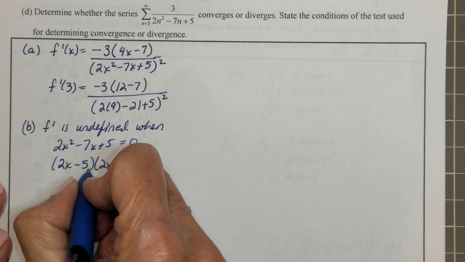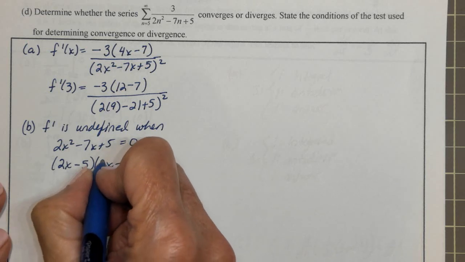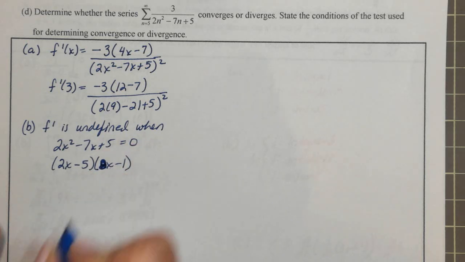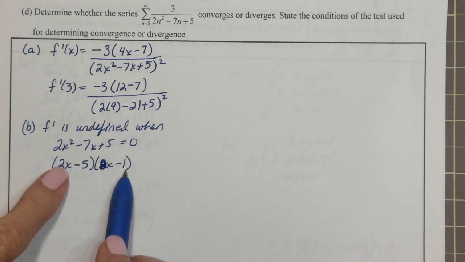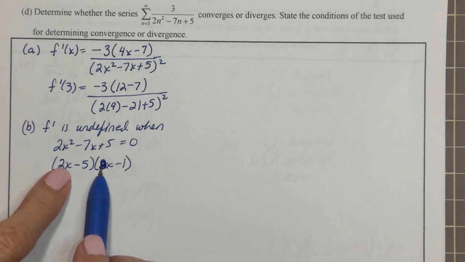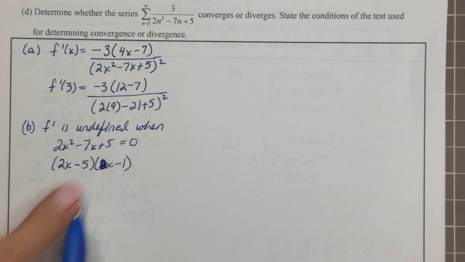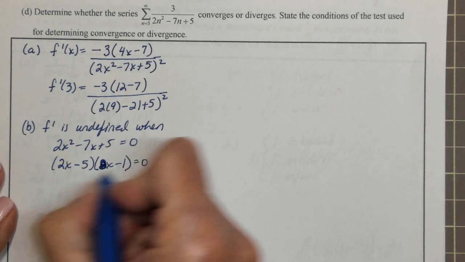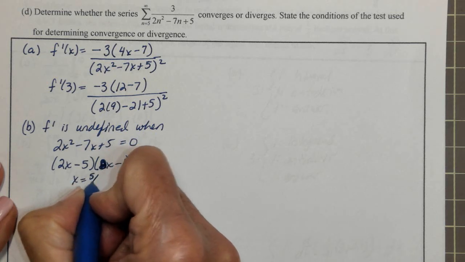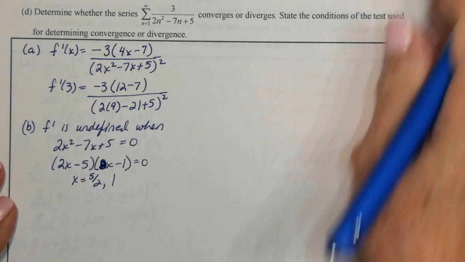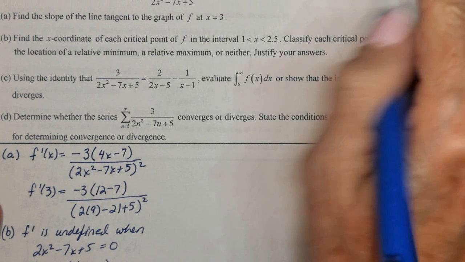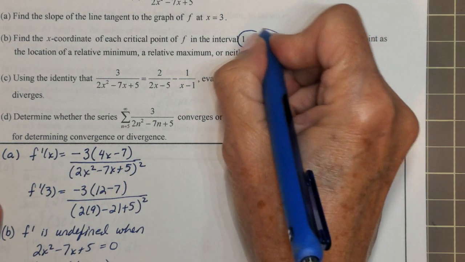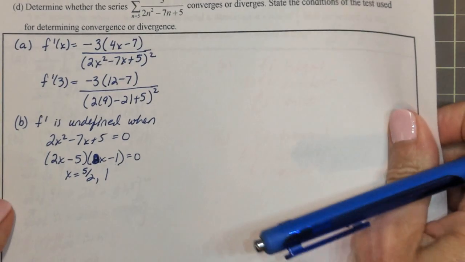Oh, not 2x minus 1, x minus 1, good grief. Okay, there we go. Yes, so this is 0, so x is 5/2 and 1, but those were our boundaries that they gave us. So I don't need to consider that.